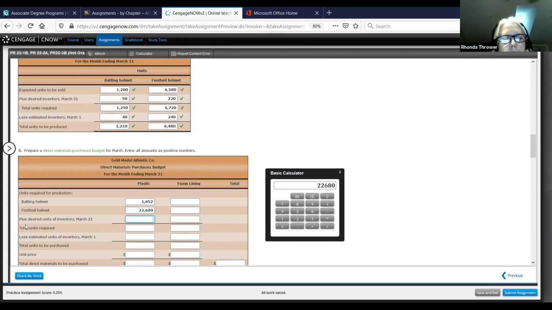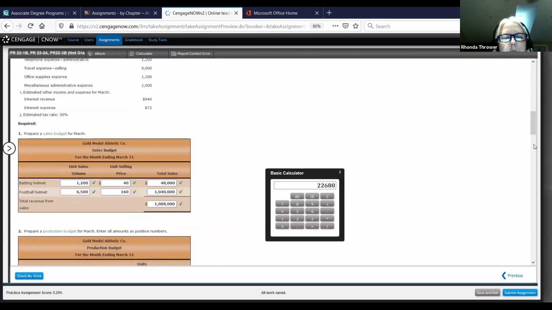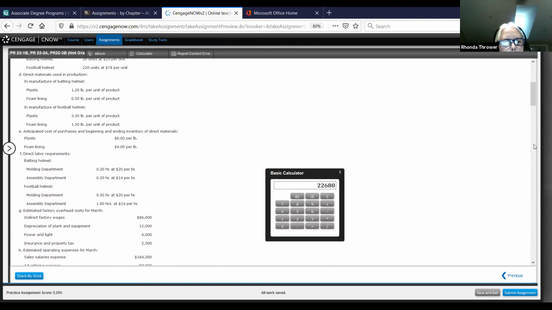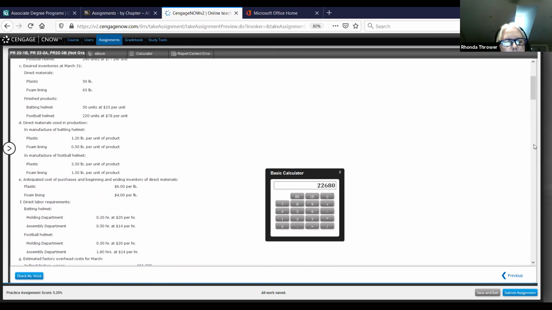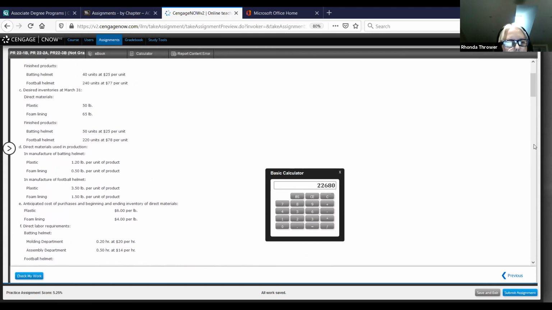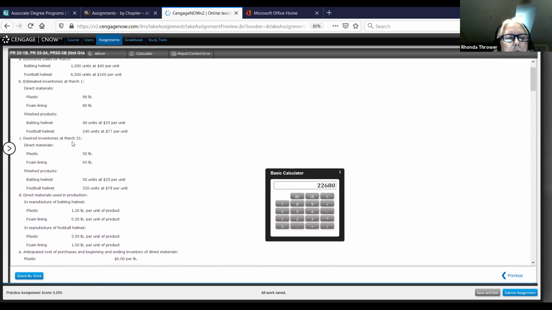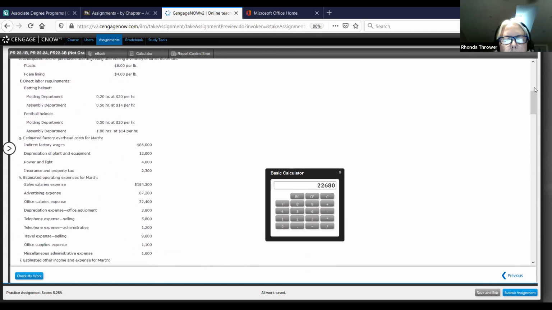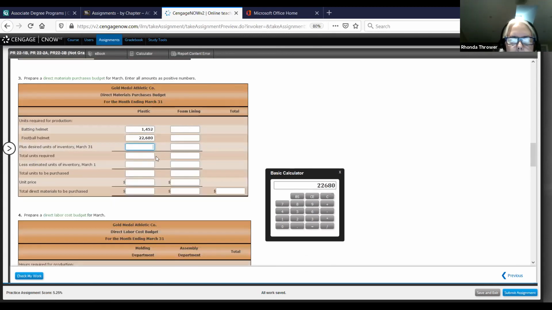And so we're going to be looking for the March 31st amount of plastic that we want to have left over. And in part C, they tell us the desired ending inventories at March 31st of our direct materials. Our plastic is going to be 50 pounds. So 50 pounds is going to go here.